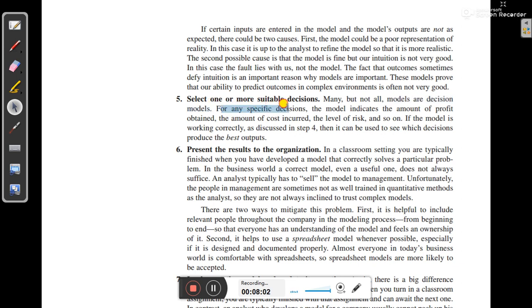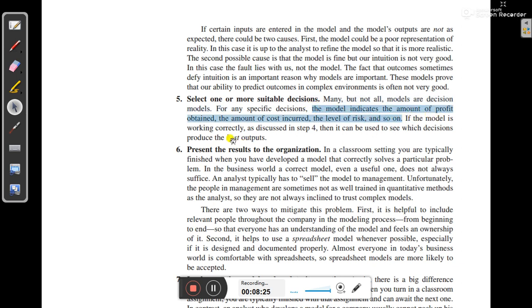For any specific decision, the model indicates the amount of profit obtained, the amount of cost incurred, the level of risk, and so on. So the model needs to give answers to those questions.